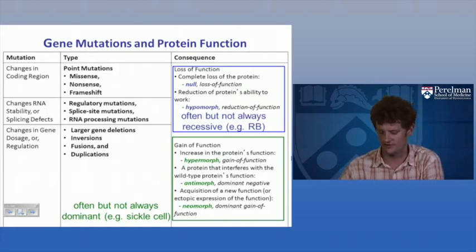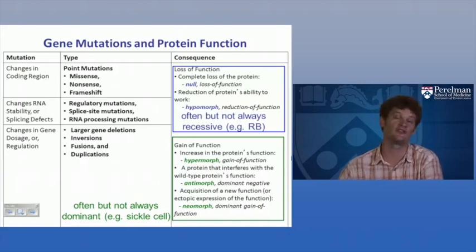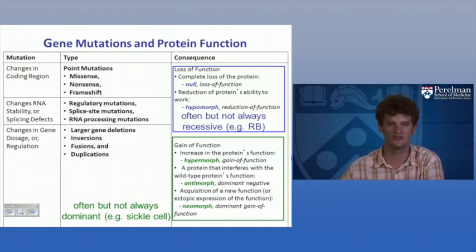One of the most famous is the RB gene, which predisposes to retinoblastoma, which is a kind of eye cancer. And if you just get one bad copy of that, that's enough to guarantee that you're going to get that cancer. Just because it turns out that you're guaranteed to lose the other copy by some kind of mutation mechanism in some of the cells in the eye eventually.